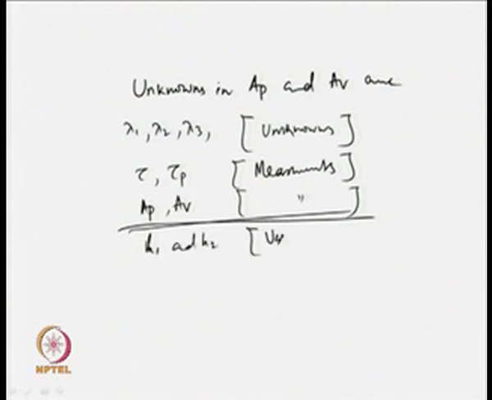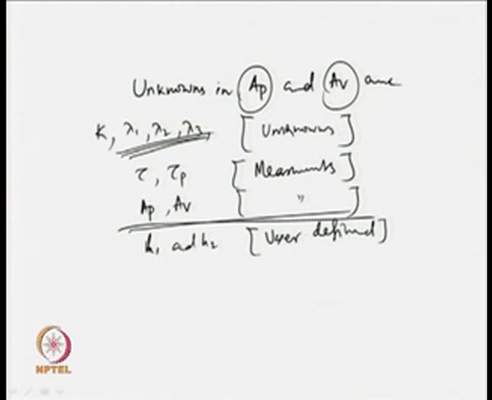So, finally, we have 3 unknowns associated with the expressions AP and AV, assuming that the steady state gain is known or found by some other technique. If that is not assumed, we will have 4 unknowns including K.